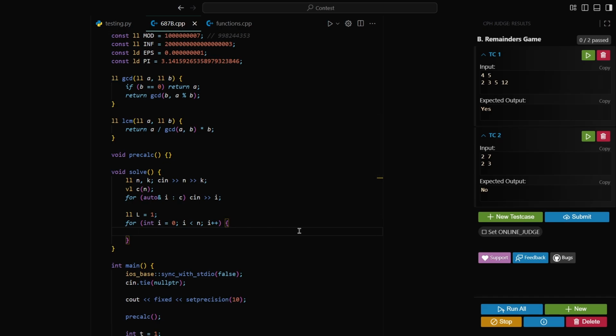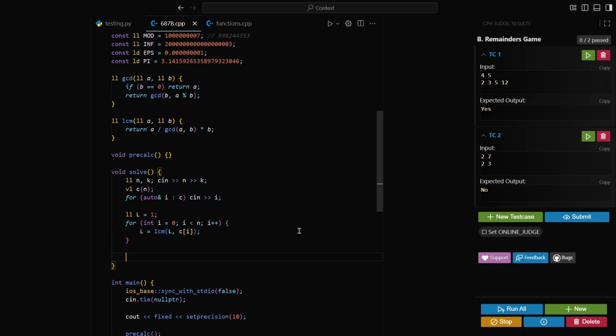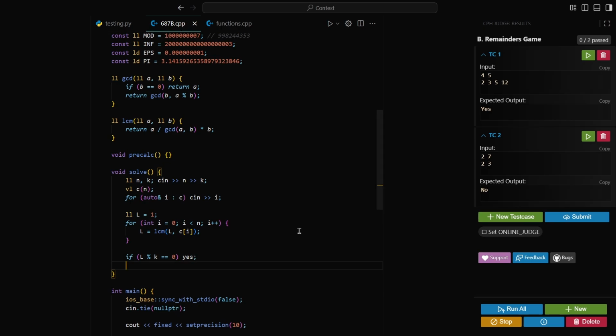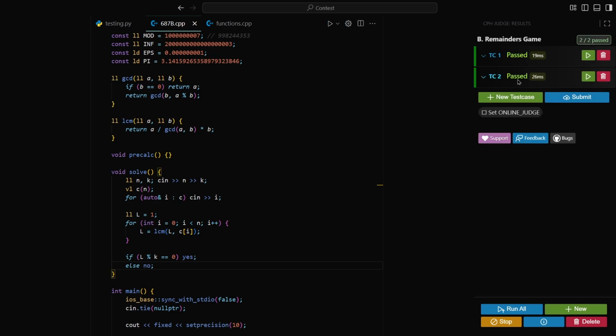Now L is equal to LCM of L and CI. Okay. Now we check if L mod k is equal to 0 or not. Yes, else no. Alright. Let's run the sample test cases.